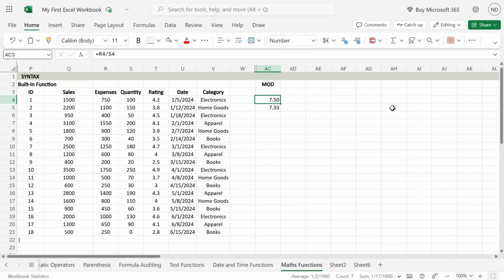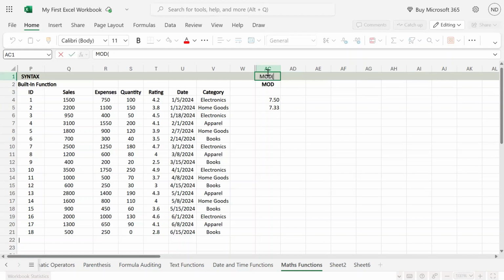Mod gives me the remainder of the number being divided. Let me first show you the syntax: you have to provide the number and then the divisor.